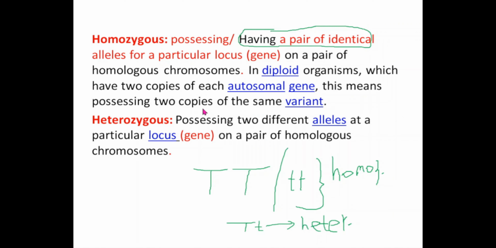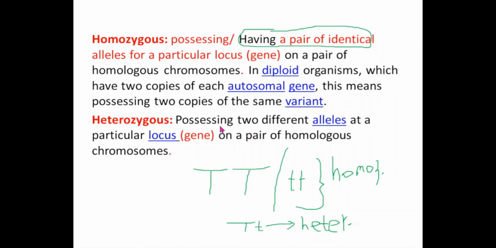Homozygous: possessing or having a pair of identical alleles for a particular locus or gene on a pair of homologous chromosomes. Homo means the same. Therefore, having identical or the same alleles. In diploid organisms which have two copies of each autosomal gene, this means possessing two copies of the same variant.